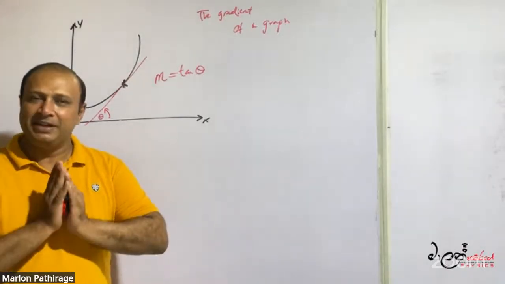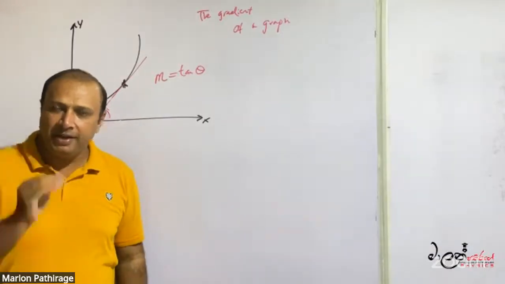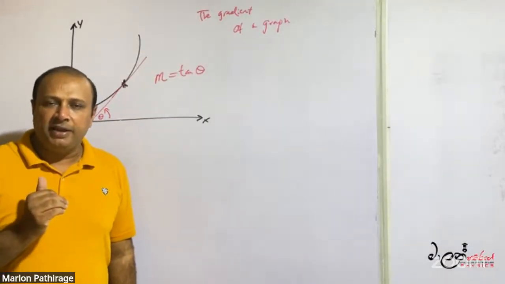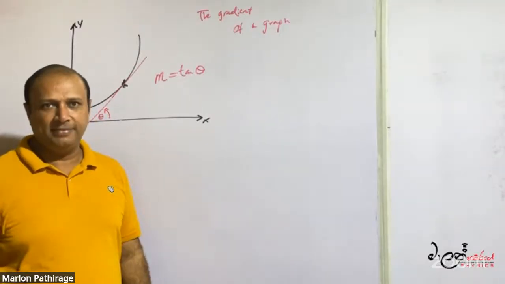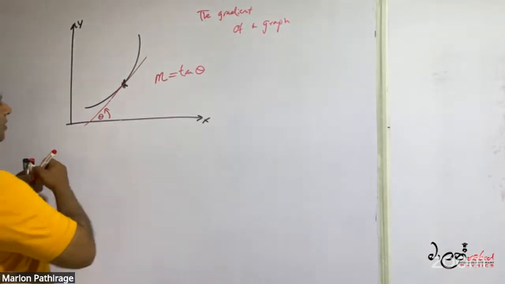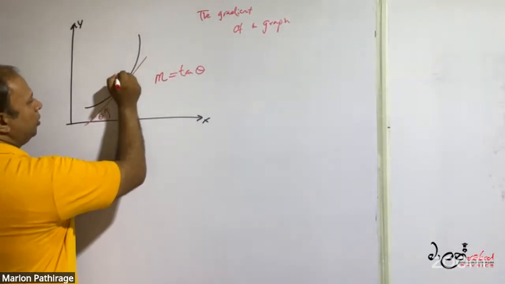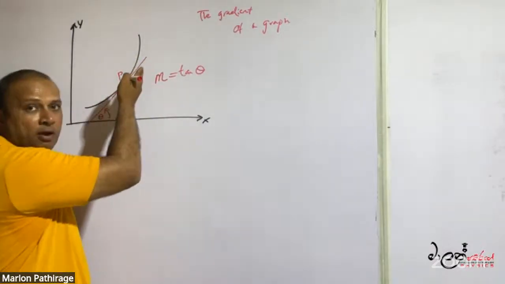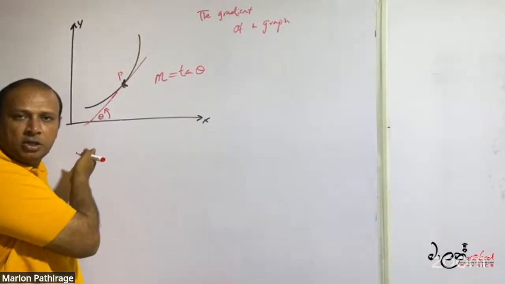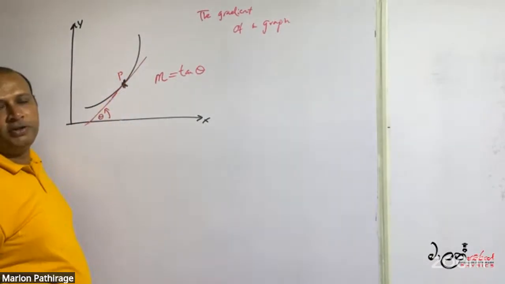Okay. Now, gradient varies from point to point. Now we can understand how to define the gradient for a particular point. If you want to determine the gradient for a particular point, you have to draw a tangent to the graph at that point.